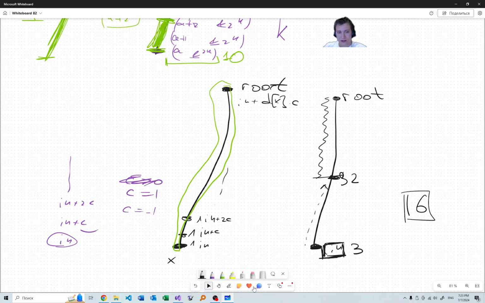Not much time, actually. So we need to go up by 2 to the power b plus 1 minus initial. This is what we want to do.